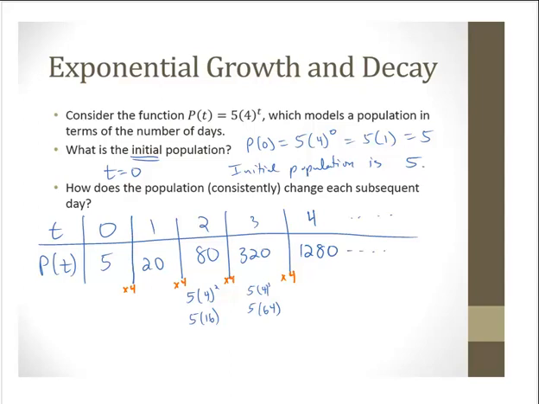So each subsequent day, multiplying the population by 4. We say that this population function has a growth factor of 4.